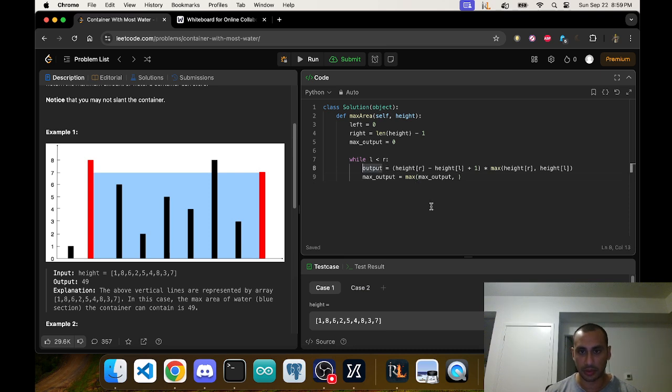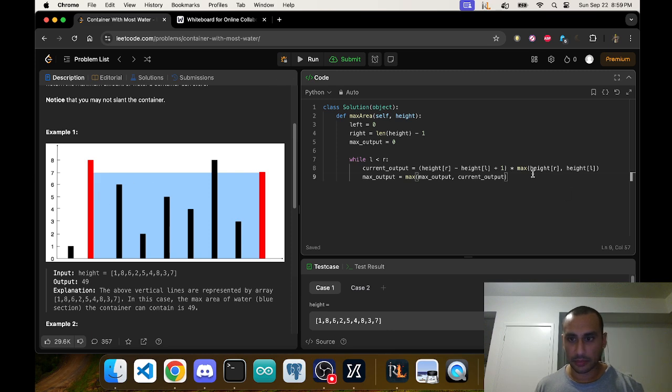Let's put current output. So now that I have that, at every iteration of this while loop, I'm constantly pinging what the length is times the max height between my two bounds, my two red bounds.